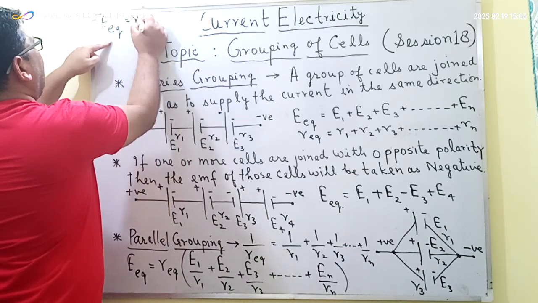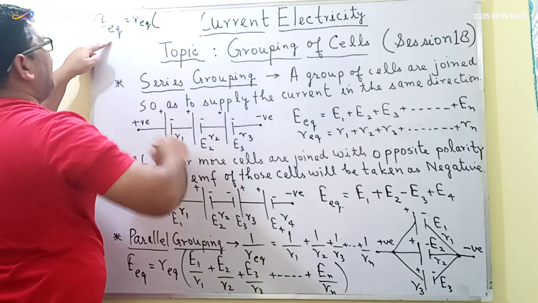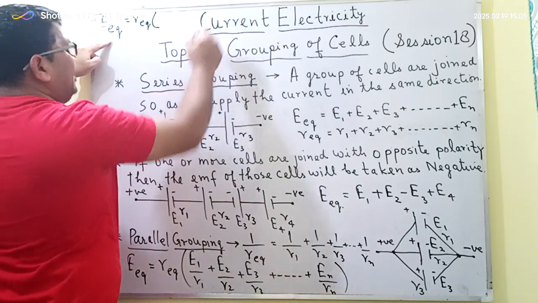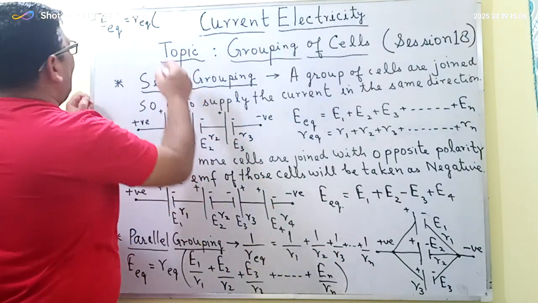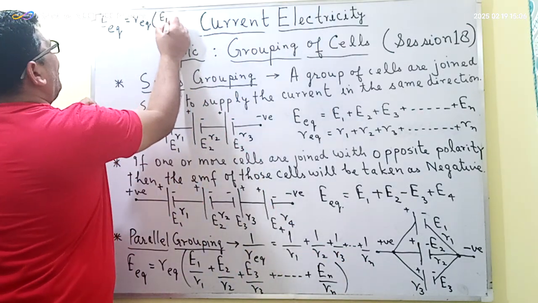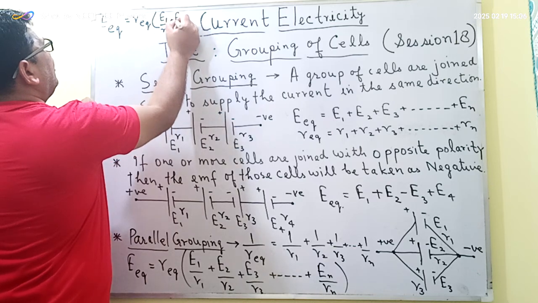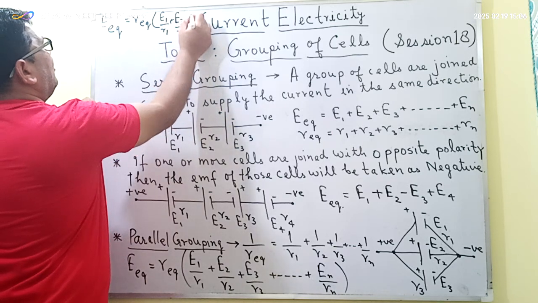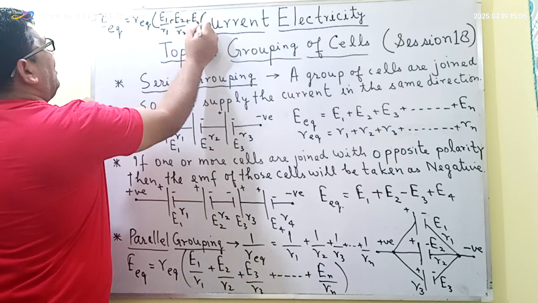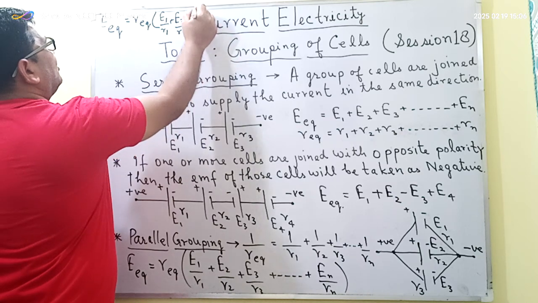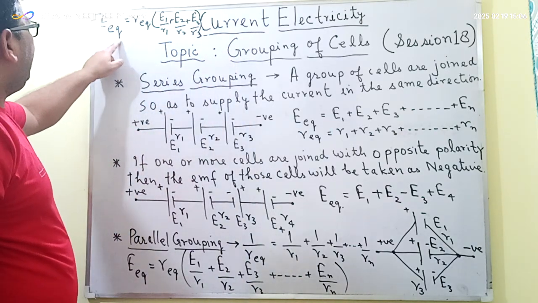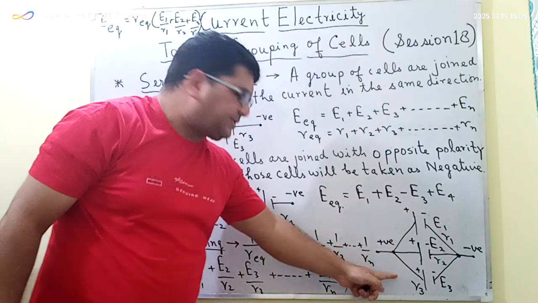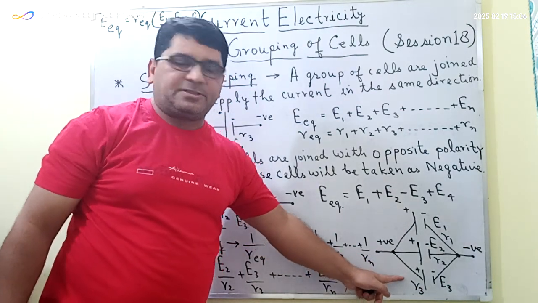This will be equal to Req, where Req is the equivalent internal resistance of this parallel grouping of cells, multiplied by E1 upon R1 plus E2 upon R2 plus E3 upon R3. So this is the equivalent EMF of this parallel grouping of cells.